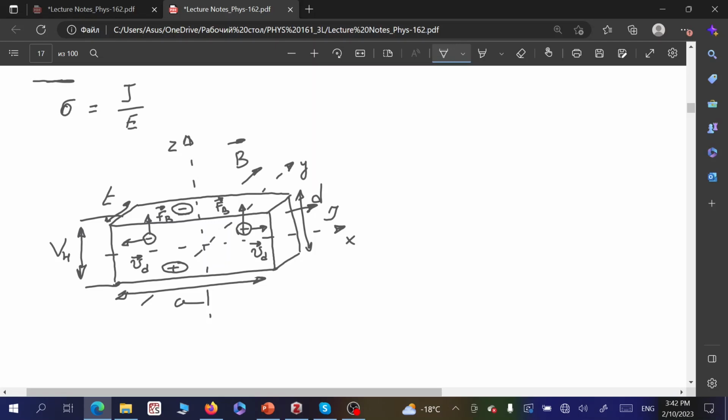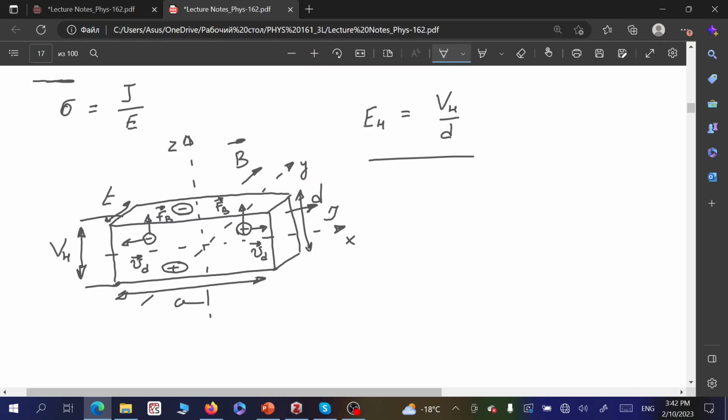So electric field magnitude, which is along axis Z, will be now V Hall divided by D. So that is the result of actually Hall effect, means the interaction of mobile charge carriers in a conductor or semiconductor with external electric field, external magnetic field, when magnetic field is perpendicular to the direction of electric current.